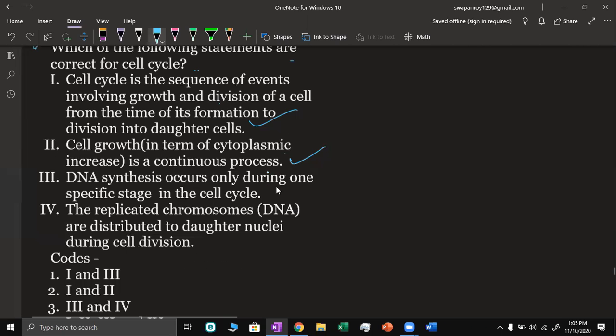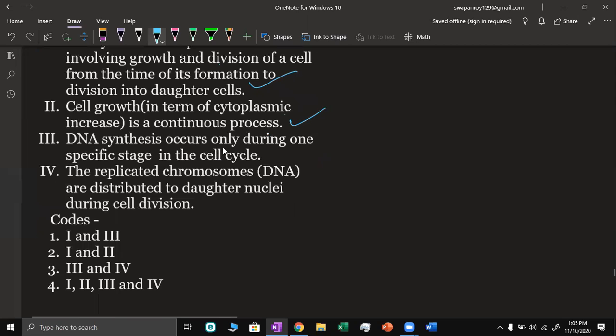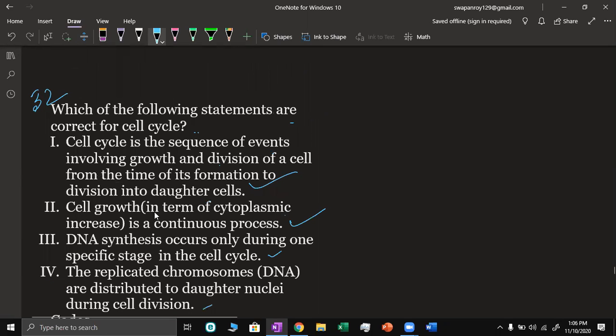This is also correct. DNA synthesis occurs only during one specific stage in the cell cycle. Yes, this is also correct. The replicated chromosomes, that is the DNA, are distributed to the daughter nuclei during cell division. This is also true. So options 1, 2, 3, 4, all are correct.